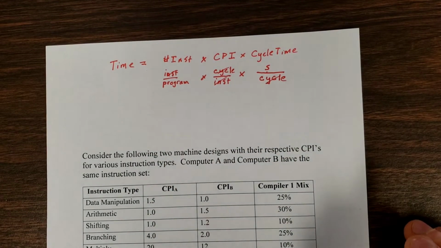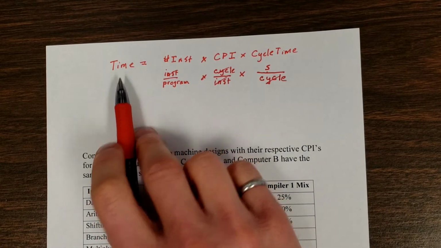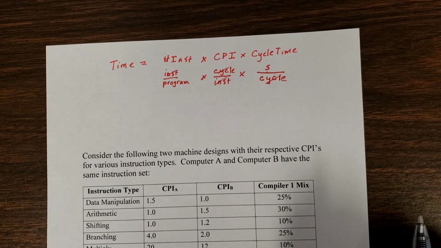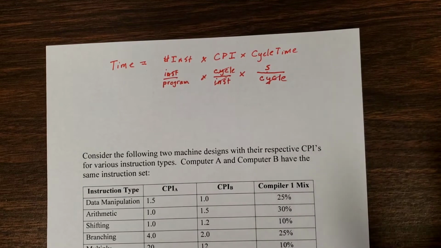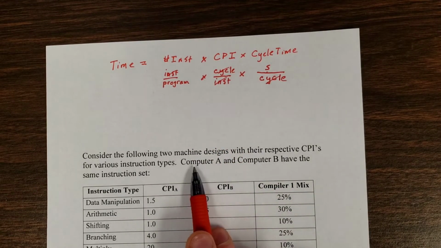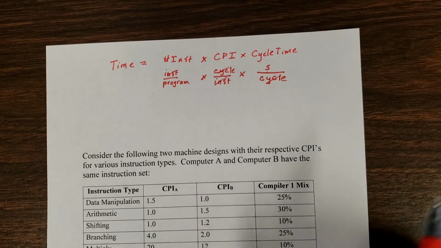All right. Well, here's where it gets kind of difficult. If we want to calculate the time, we need all three of these numbers. But in many cases, we're just looking at comparing the performance of two different machines, two different processors, two different CPUs, however you want to modify it. So computer A, oftentimes it's talking about machine A, or maybe it's processor A, but we're looking at two different design schemes.